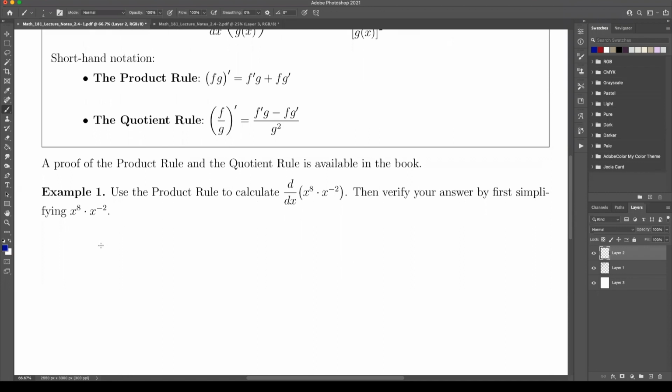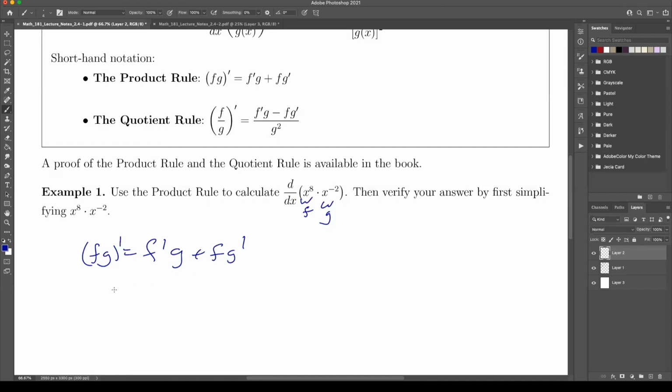demonstrate that it works. So in this case, I'm going to make this my f, I'm going to make this my g. And so our product rule for the derivative of f g would equal f prime g plus f g prime.